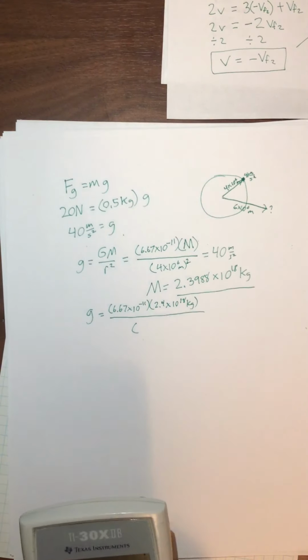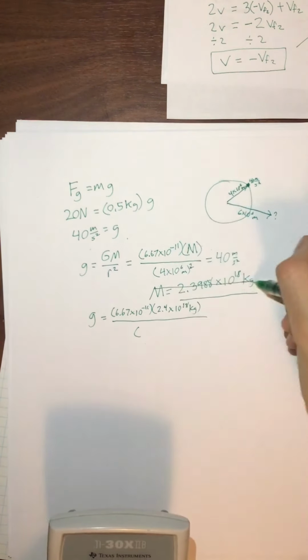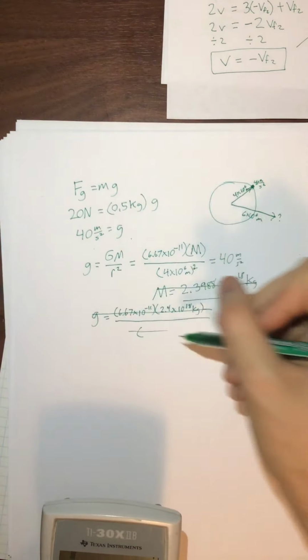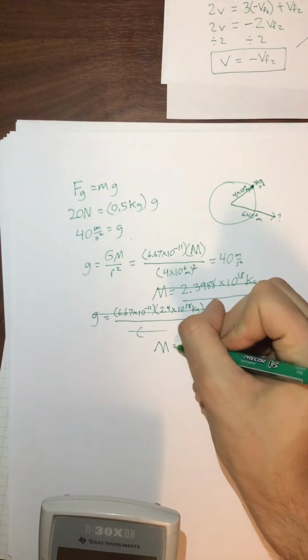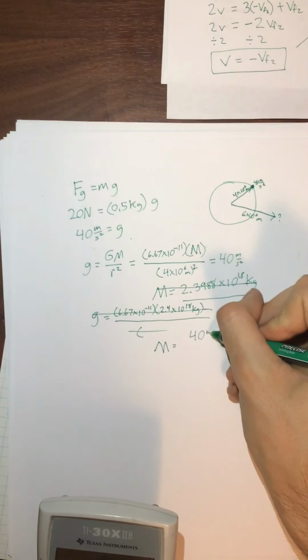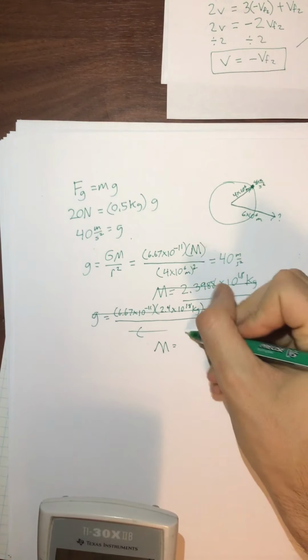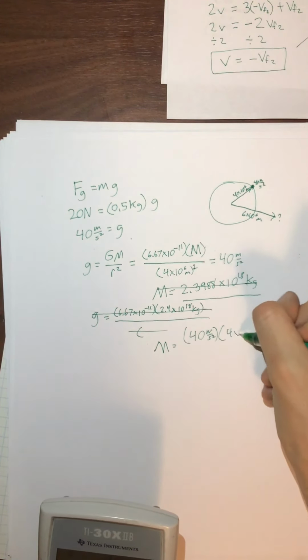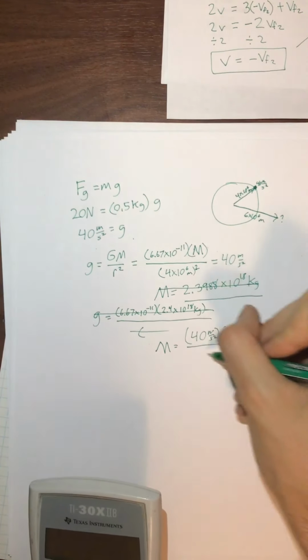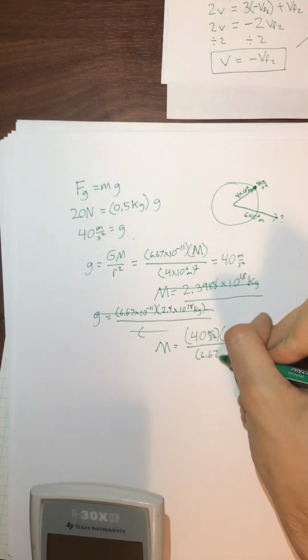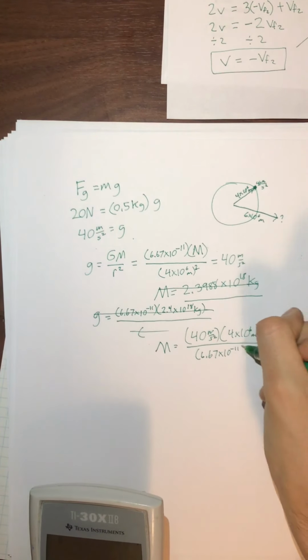All right. Whew. Ignoring this, and ignoring this, and ignoring this. Okay, just solving for big M. Big M is going to be equal to 40 meters per second squared, multiplied by 4 times 10 to the 6 meters squared, divided by 6.67 times 10 to the negative 11.